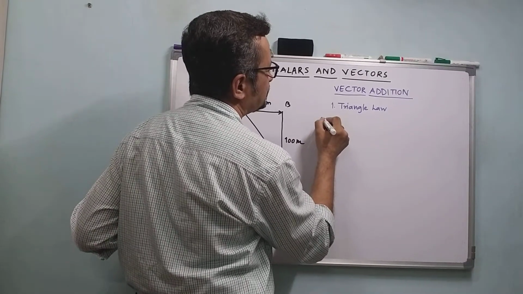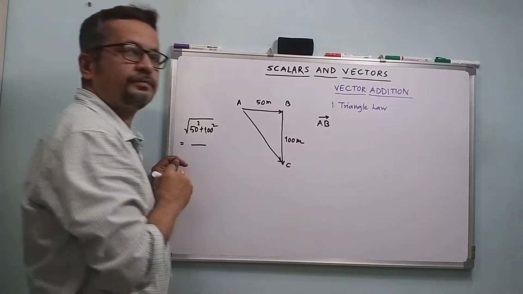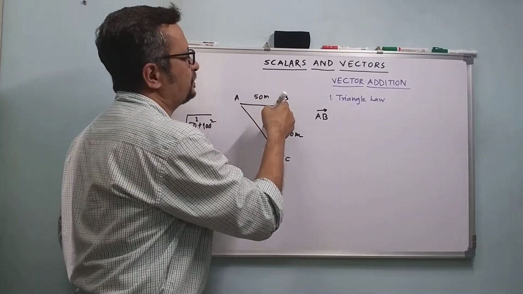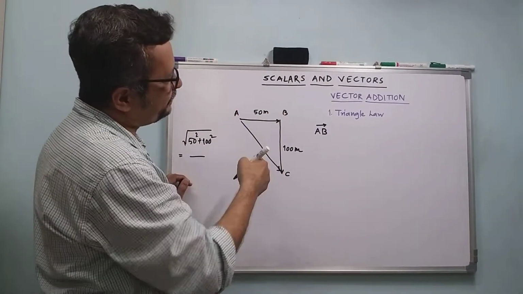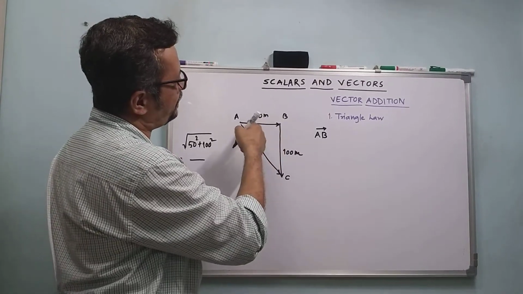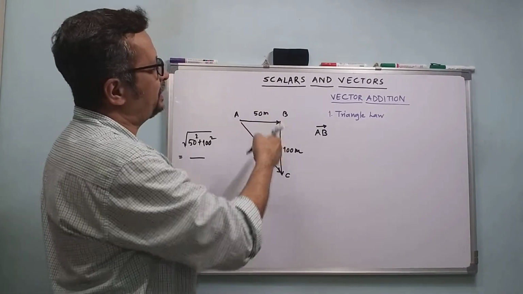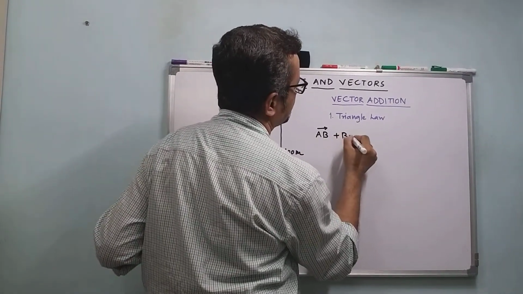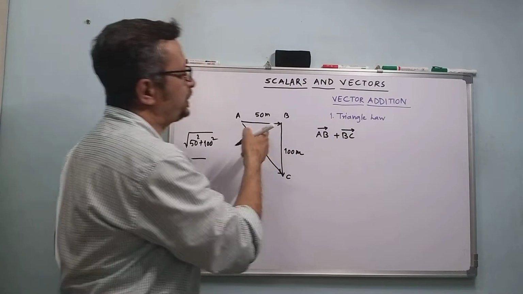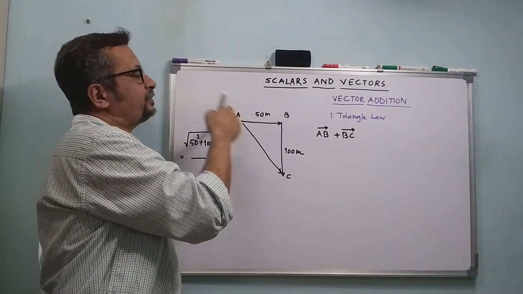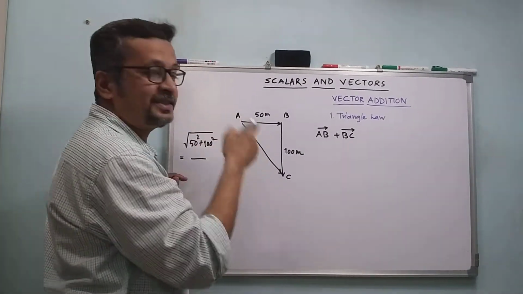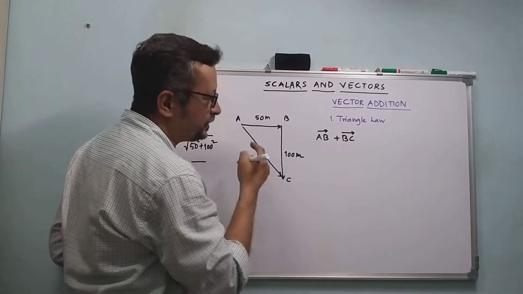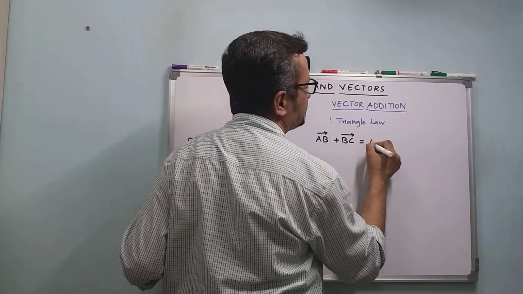So AB is one vector, my tail is A and head is B. Then my first displacement was AB bar, my second displacement is going to be BC bar. Now here, B was the head of vector AB and B is again the tail of vector BC, and that gives me my vector AC, which is my resultant.